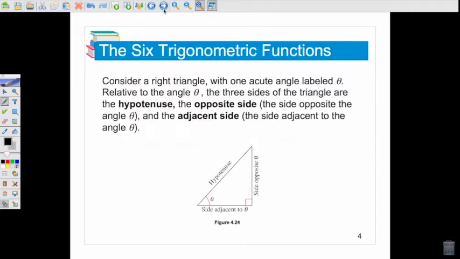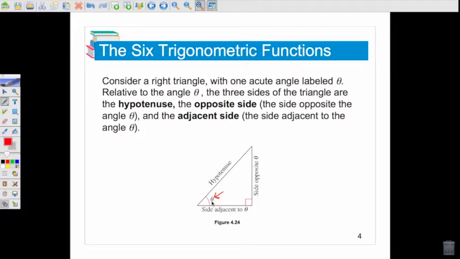All right. So again, we're going to look at those 6 fundamental trig functions. But this time we're going to be looking at them in the context of this triangle here. So it's always going to be in relation to this angle. It's the belle of the ball, the most important thing in the world.